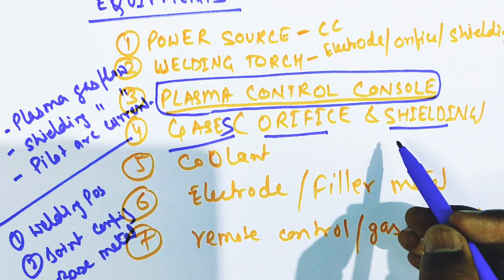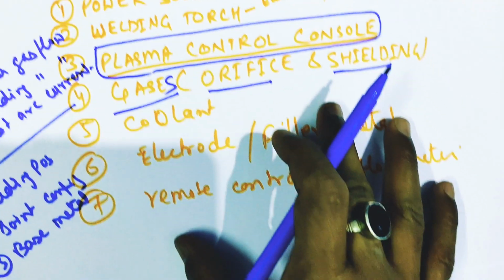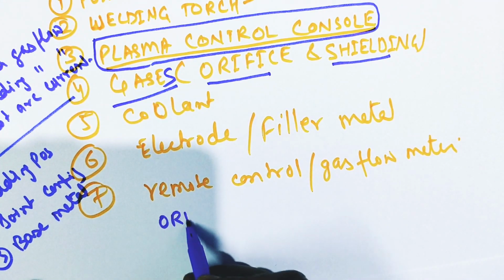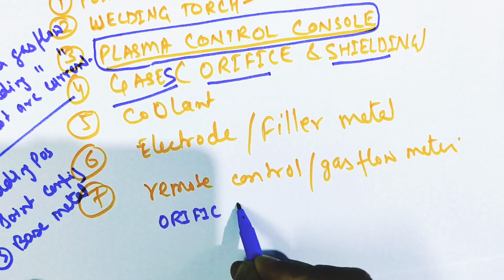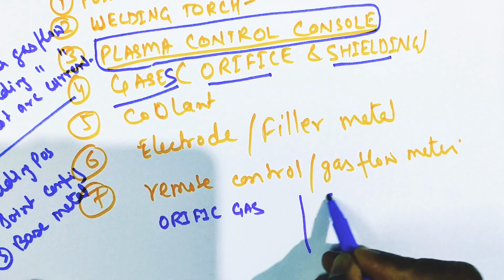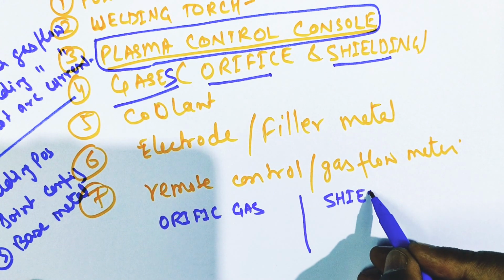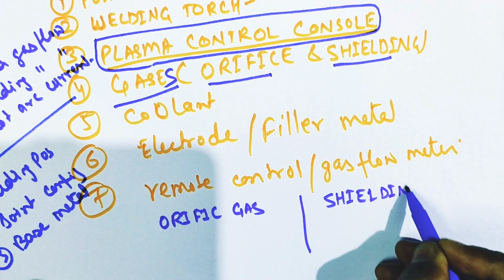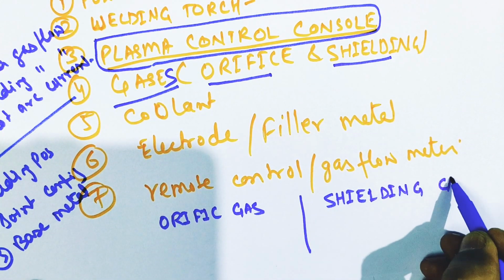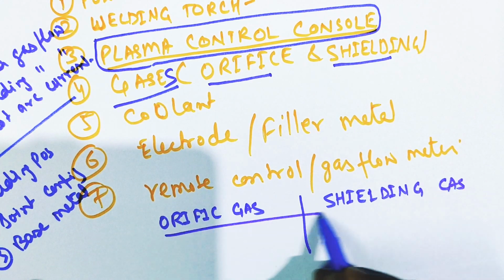Now I'll tell you a little bit more about the orifice gas and shielding gas. Which gases are used as orifice gas and which gases are used as shielding gas?